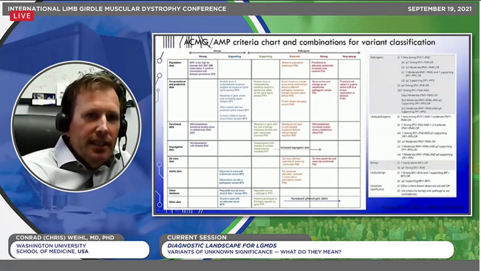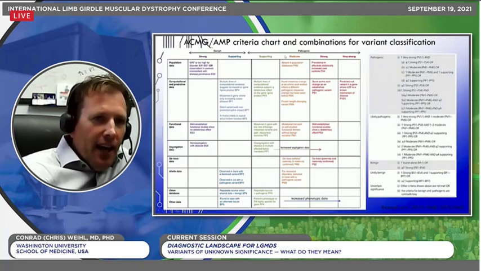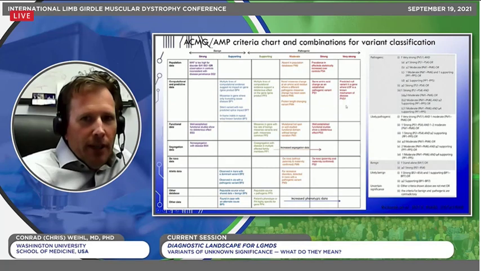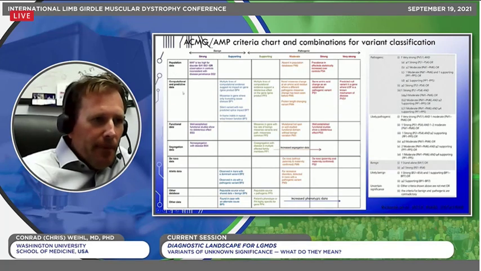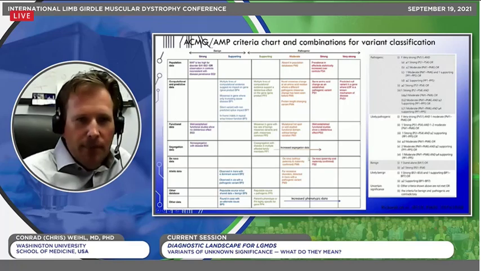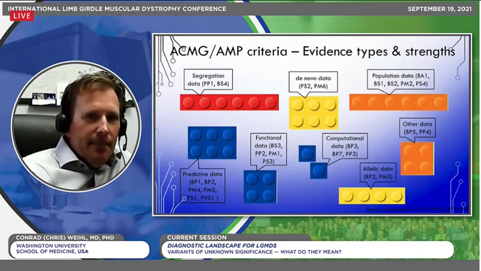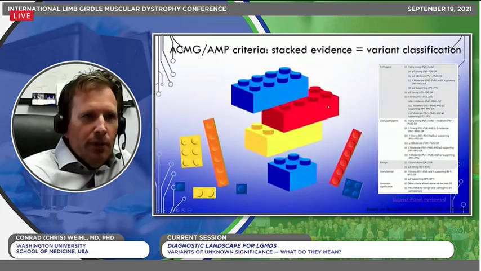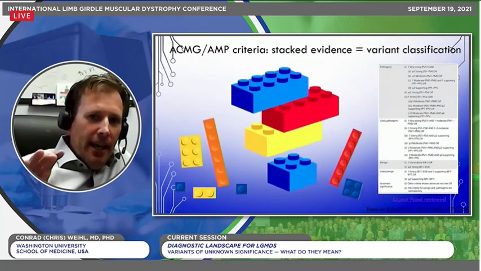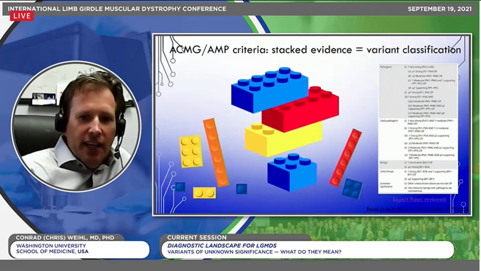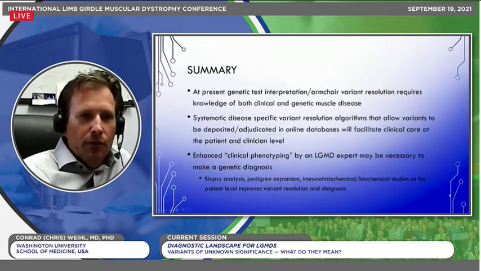And the way that we do this is by a very complicated approach where we look for levels of evidence and try to integrate population data, functional data, segregation data, all the stuff I just described to you, in a systematic way, building levels of evidence and strength. And I like this slide because they're Lego blocks, and what we're trying to do is build them and stack them and actually have variant classification and ultimately lead to what we call expert panel reviewed.